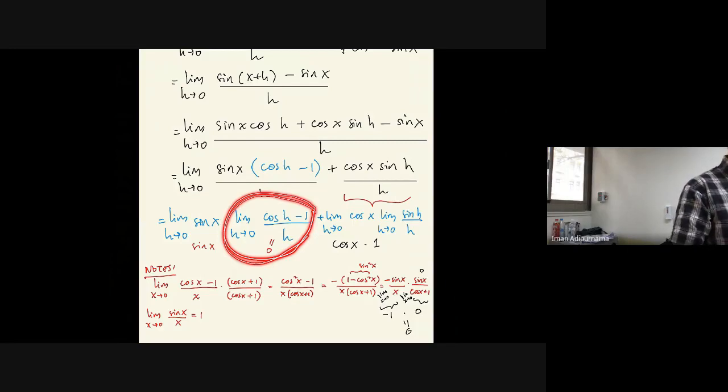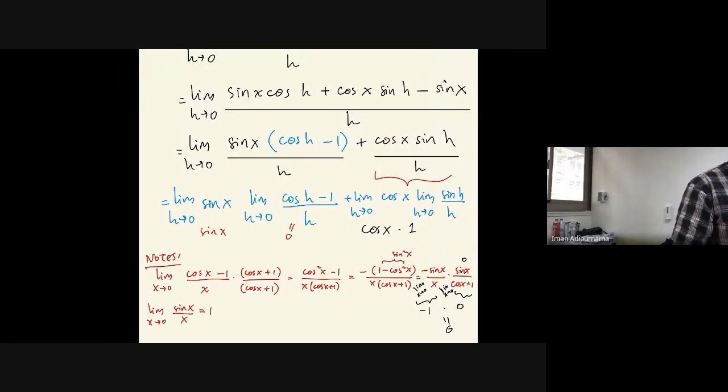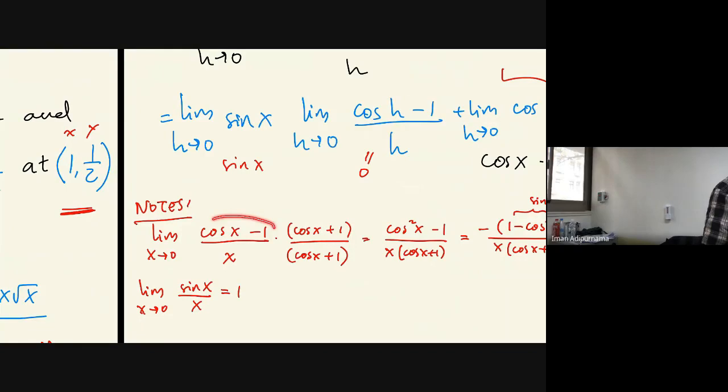It's an indeterminate form, and any limit doesn't like that form, right? That's why I try to rationalize the form by multiplying this cos x minus 1 with cos x plus 1 over cos x plus 1. The idea why I need to multiply this is because of this whole thing here.